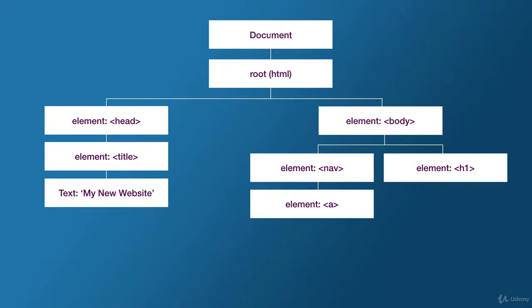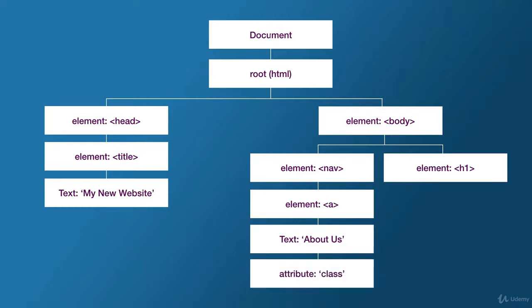And inside this anchor, you are going to have a text for this anchor. So this is going to be referred to as the text. In case that you add, for example, a class into your anchors, this is going to be an attribute. And this navigation, anchor, about us text, and this attribute class, all of these are known as nodes.